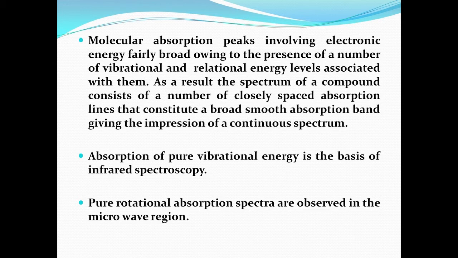They are fairly broad, owing to the presence of a number of vibrational and rotational energy levels associated with them. As a result, the spectrum of a compound consists of a number of closely spaced absorption lines that constitute a broad smooth absorption band, giving the impression of a continuous spectrum.